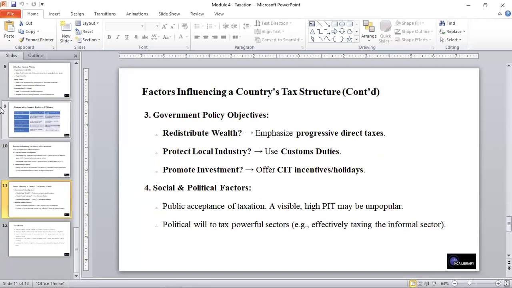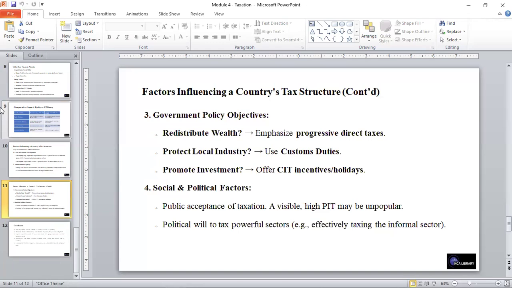And we also have the government policy objective as another factor, in terms of redistribution of wealth, protection of local industries using the custom duties, and also promotion of investment, which offers the CIT incentive or holiday.